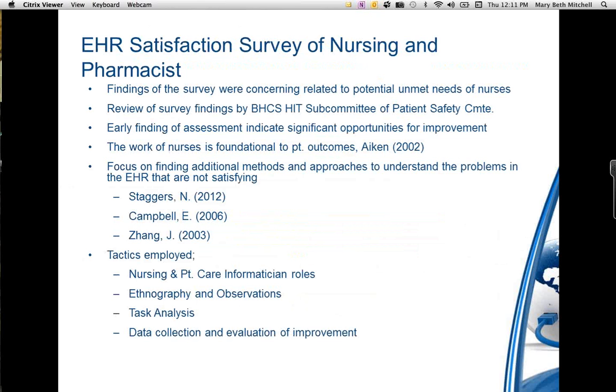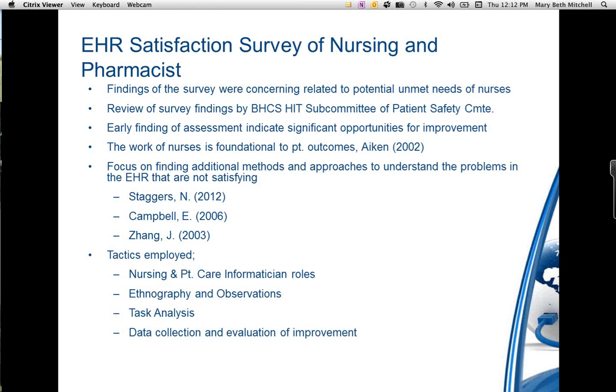So some of the findings that we had in our survey, as I said, we categorized into different categories. We have an HIT, Health Information Technology, subcommittee of our Patient Safety Committee. That's a place where we're really able to talk through what parts we got right and what parts we didn't get right.